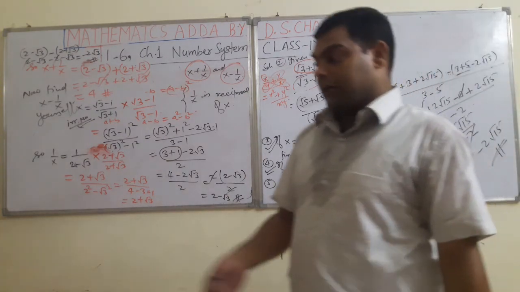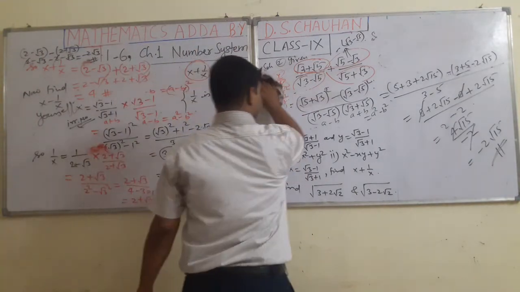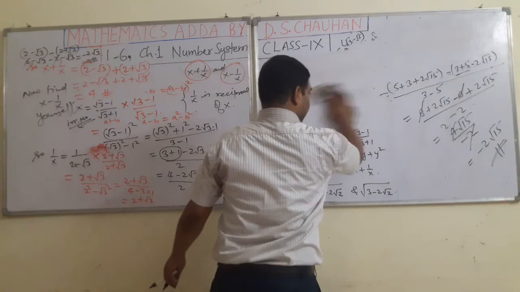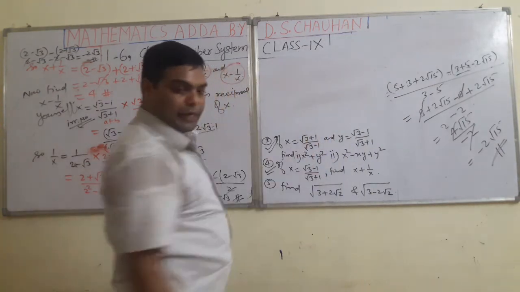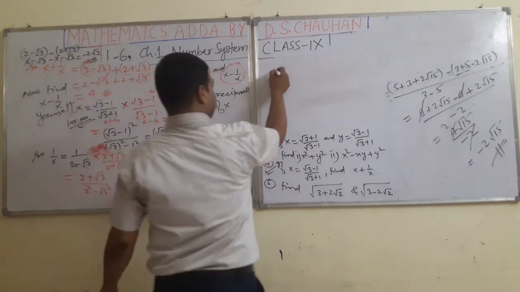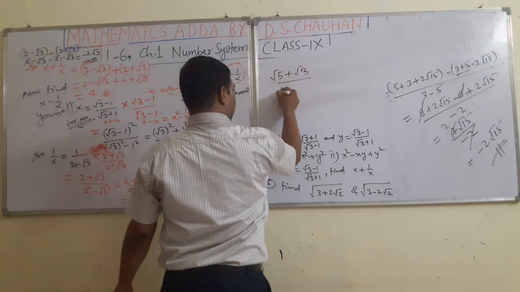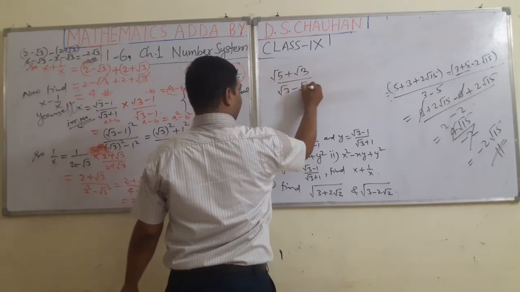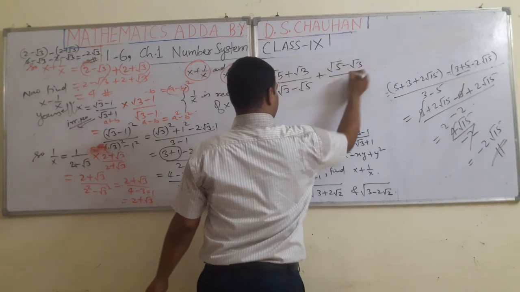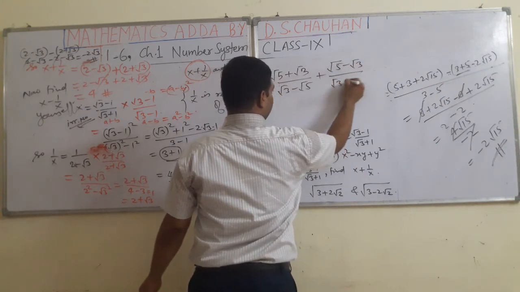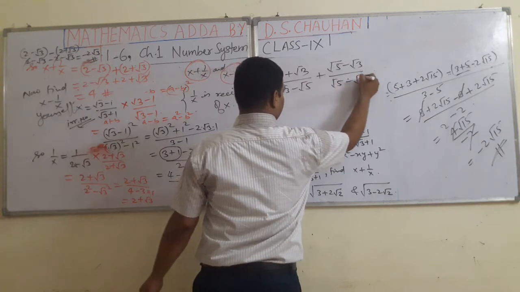Easily you can solve such type of problem. Another way of solving the same problem I am telling you students, you try to understand. See what is another way to solve the same problem. Actually your problem is of this type: root 5 plus root 3 upon root 3 minus root 5, plus root 5 minus root 3 upon root 3 plus root 5.